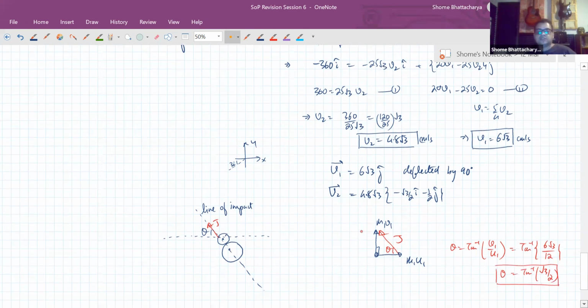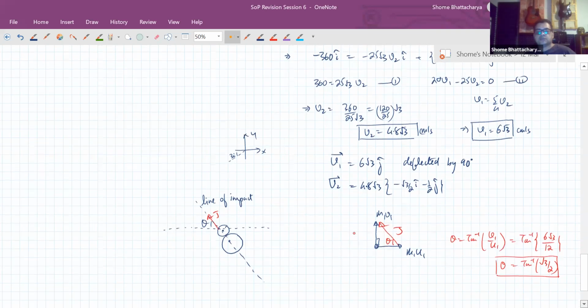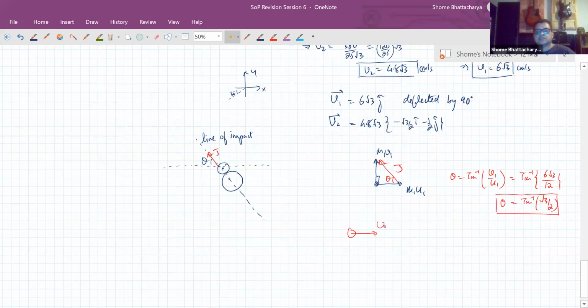So from that we can see the approach velocity. This particle has a relative velocity with respect to this one of 2u1, and we need its component along the center to center line, the line of impact, where this angle is theta. So it is 2u1 cos theta.